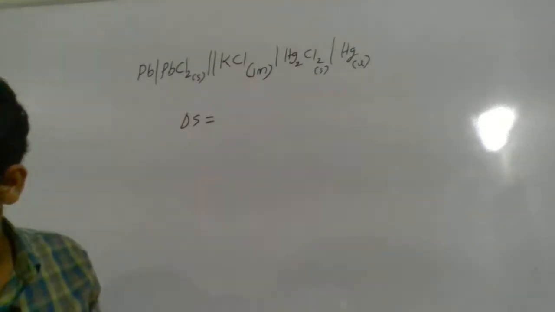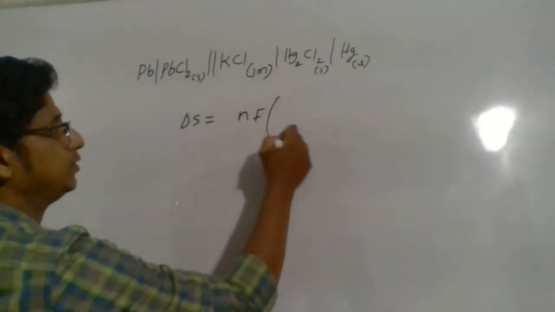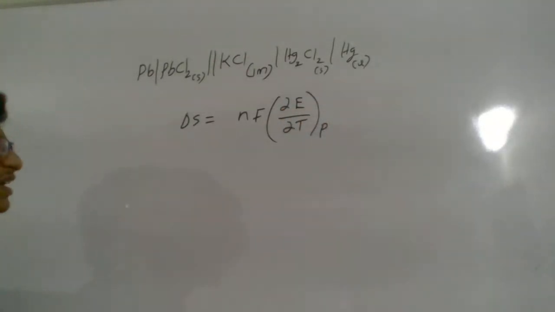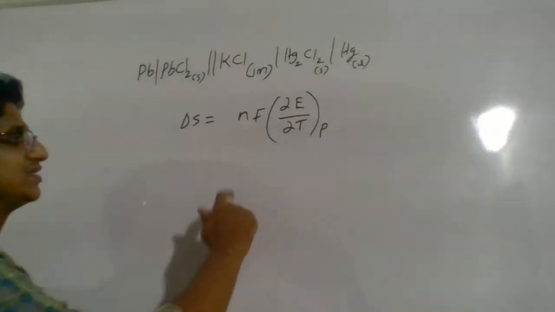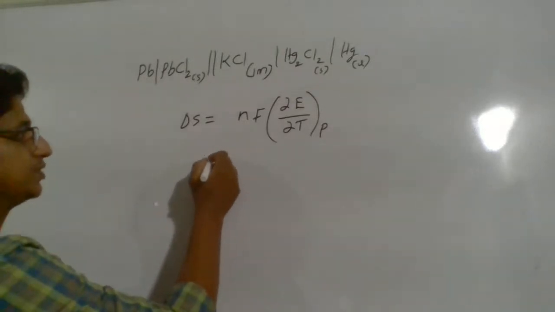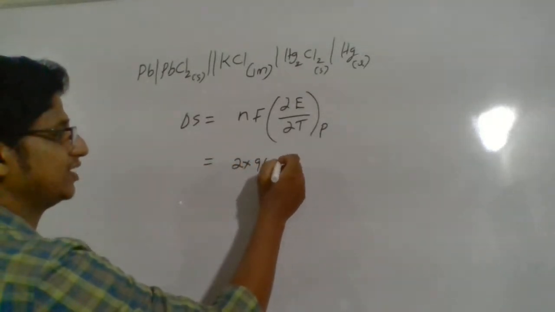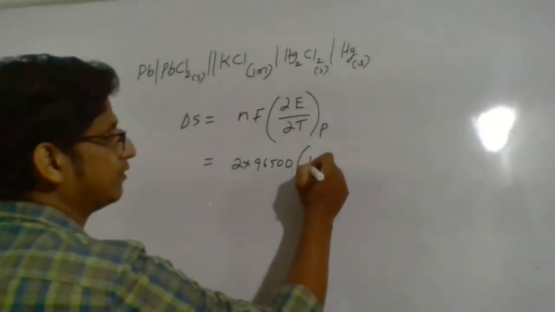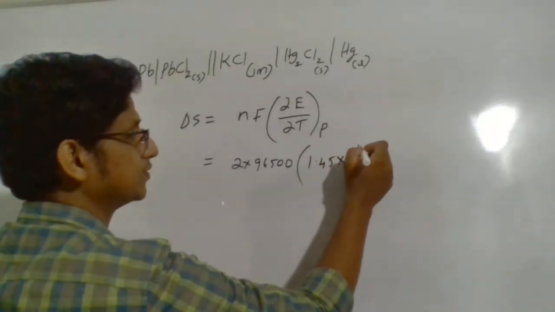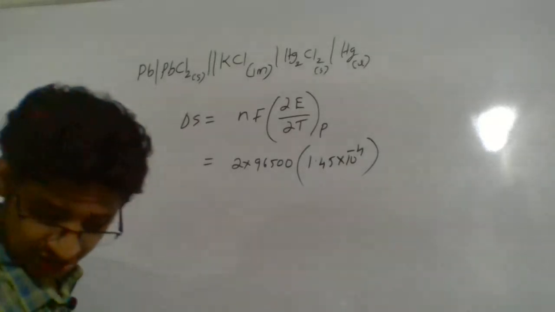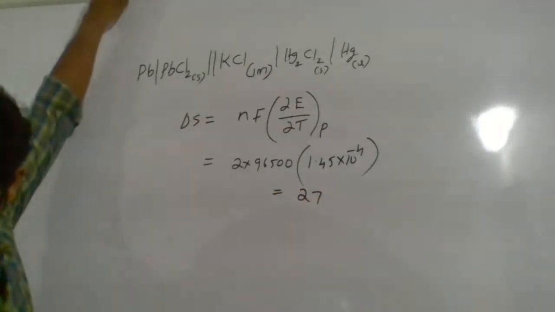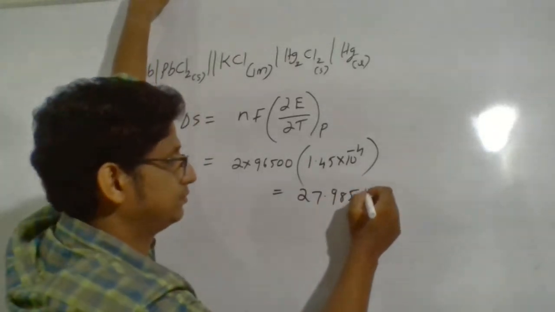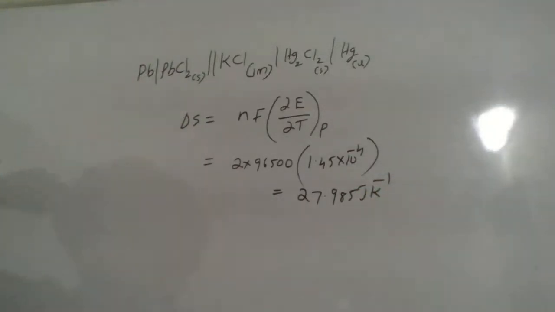Delta S is equal to nF into dou E by dou T at constant P. n is 2, F is 96500, and dou E by dou T is known. Substituting, 2 into 96500 into 1.45 into 10 raised to minus 4, you will get a value of around 27.985 joule per Kelvin.